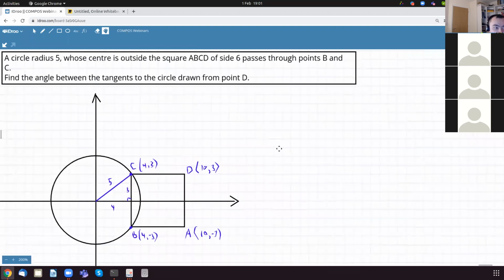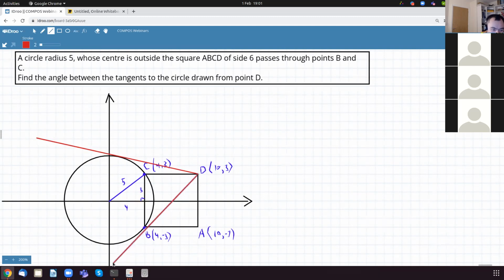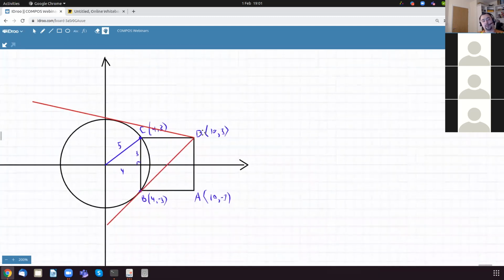Now, it says find the angle between the tangents drawn from point D. So I'm going to draw tangents from point D. Well, I need to find the tangents.